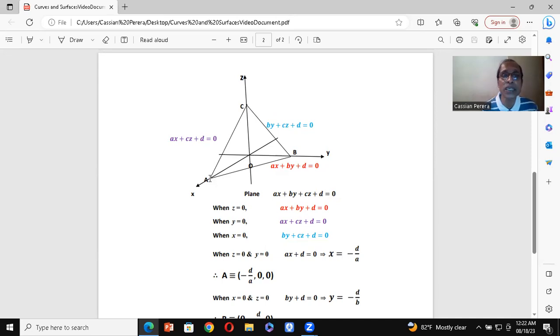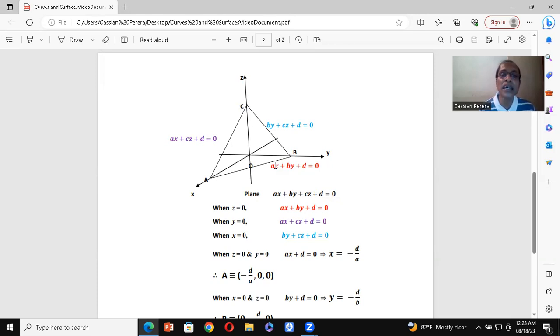Now, actually, we can see here this ABC surface, which is an inclined surface, will cut the z axis at point C. Actually, it crosses the z axis at point C. But if you got a plane which is parallel to the z axis, but it doesn't cut the z axis, then if you got the ax plus by plus d straight line projected upward like that, it is not cutting at any point on the z axis.